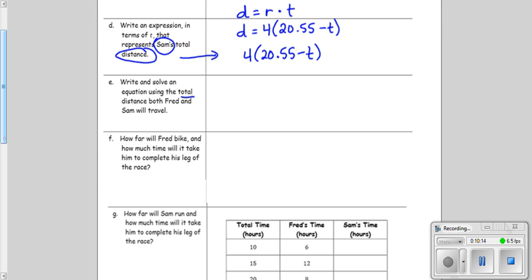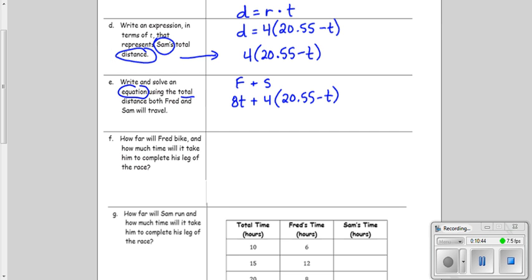Question E. Write and solve an equation using the total distance both Fred and Sam will travel. To find the total distance for Fred and Sam, we'll write Fred's distance plus Sam's distance. Fred's distance from the previous page was 8t. Sam's distance from above is 4 times the quantity 20.55 minus t.